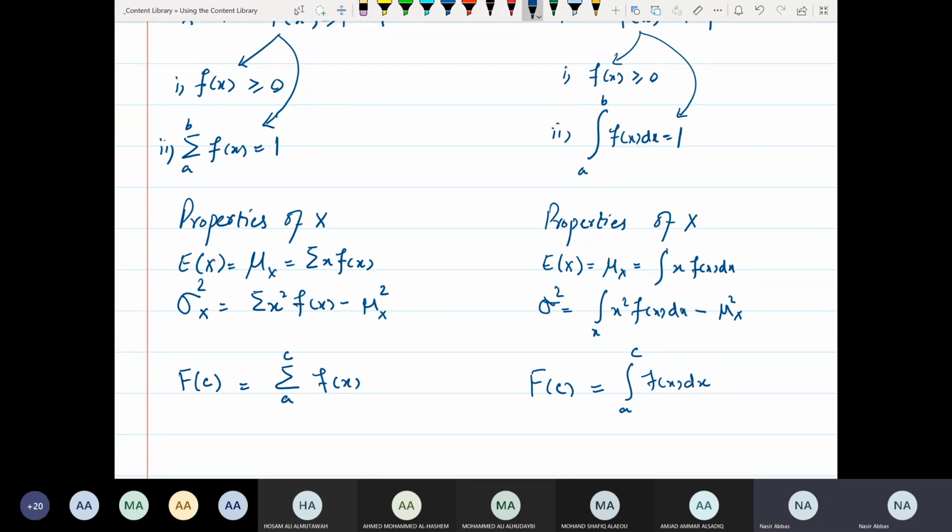Now in the discrete random variable, we only found this distribution function and we used it for the probabilities only. Here we will use this distribution function more comprehensively, not only for the probabilities, but also for finding the median, the percentiles, the quartiles.